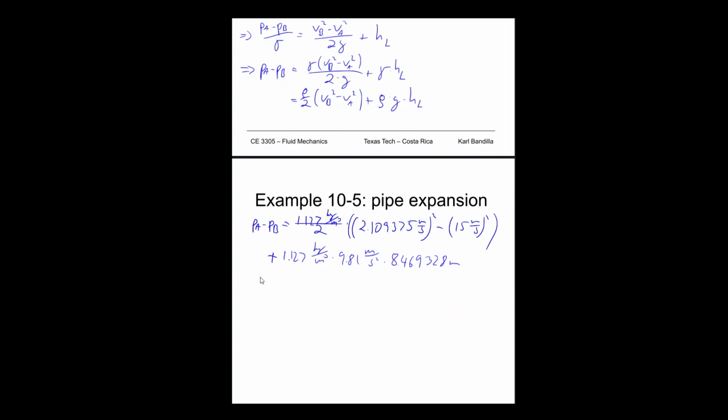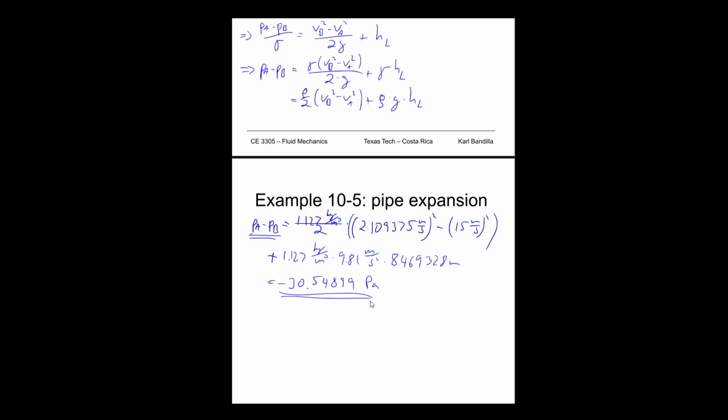That leaves us minus 30.5489 pascals for our pressure change.